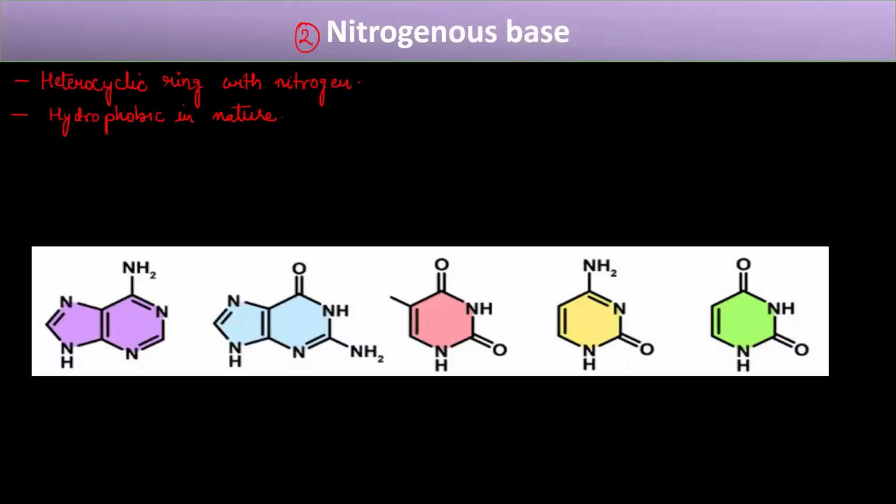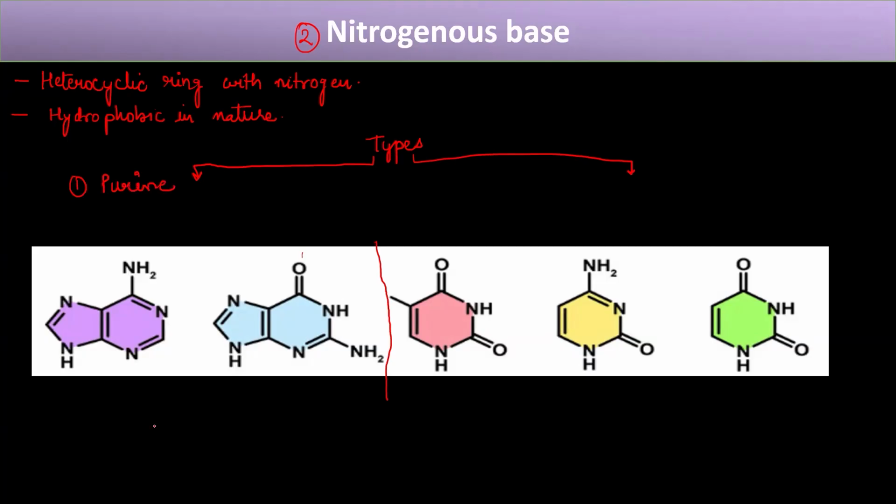Okay. Now we talk about the nitrogenous base types. The nitrogenous base is of two types, and let's divide them from here. So the first type is purine.